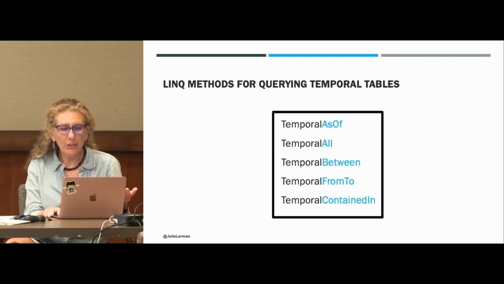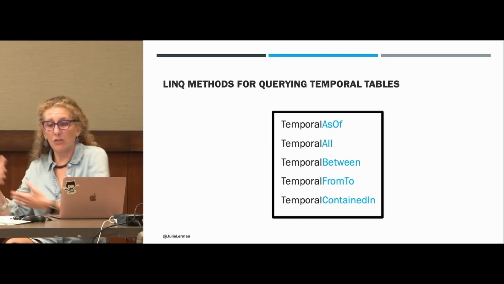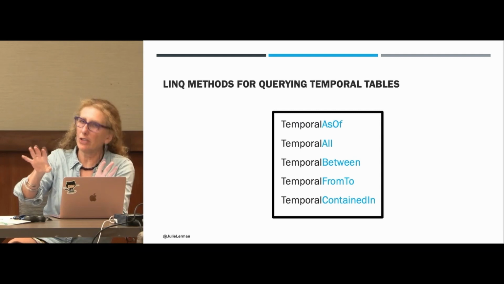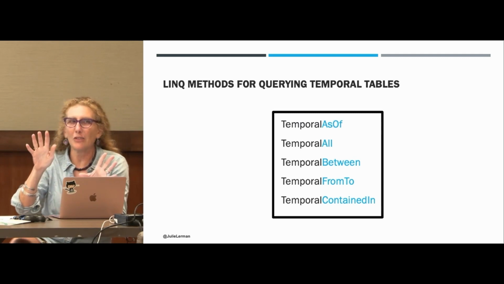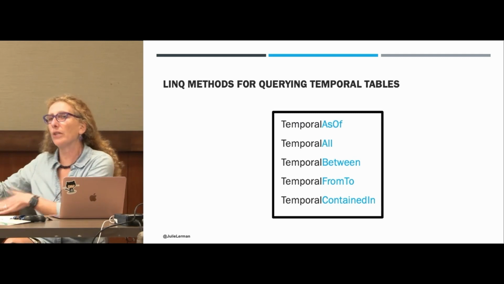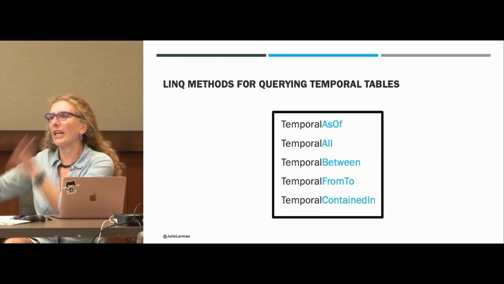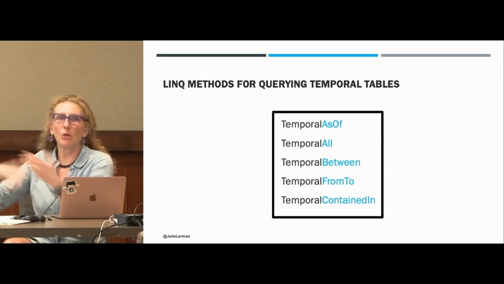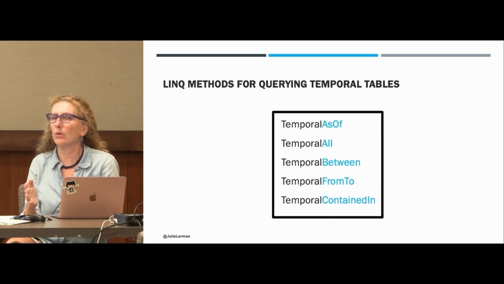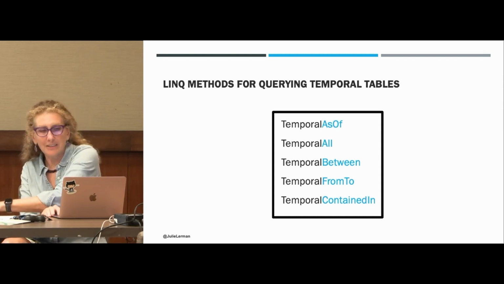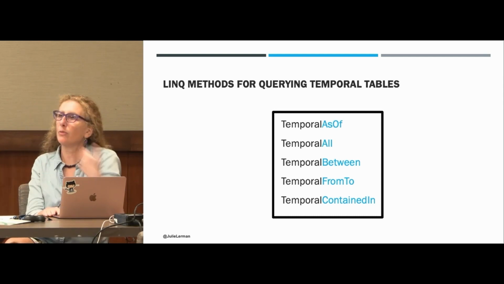And then the other thing that we have: SQL Server has methods for querying. You can just query regular data, right? You're not doing anything special. But if you want to know what the data looked like from a certain time, there are a number of different methods you can use. Those exist in SQL Server, and then they're exposed in the provider.